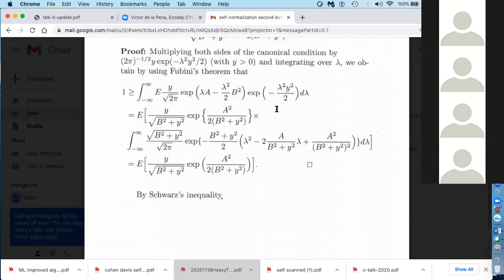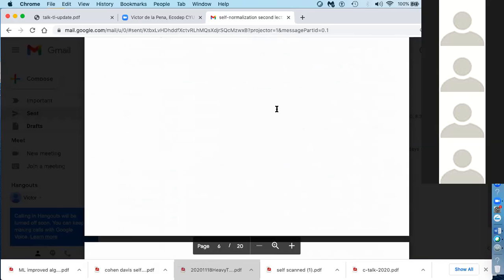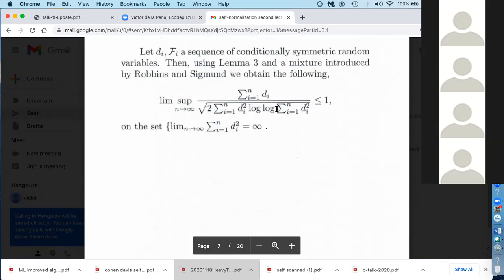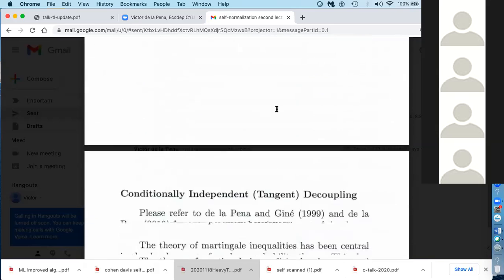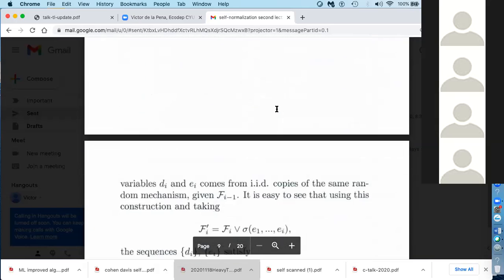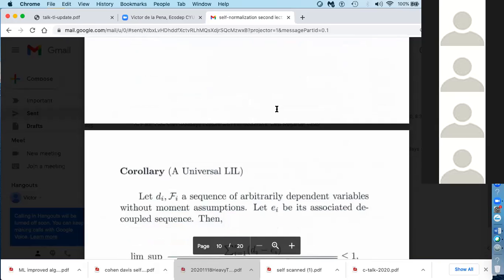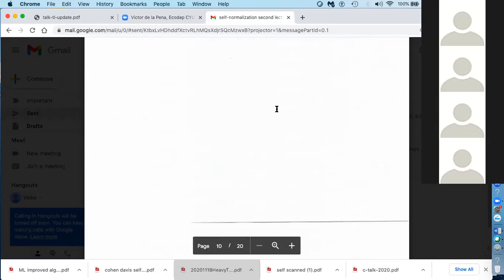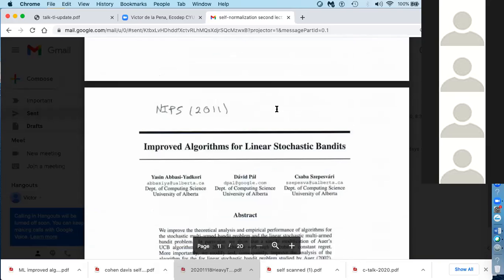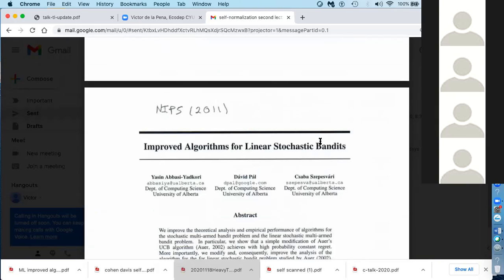So now the extension to the case of matrices was used to obtain the algorithm that provides the main result in the paper, Improved Algorithms for Linear Stochastic Bandits.